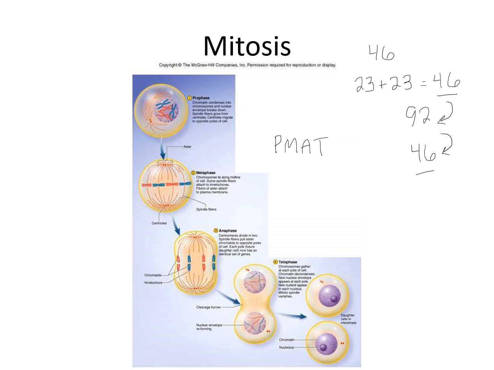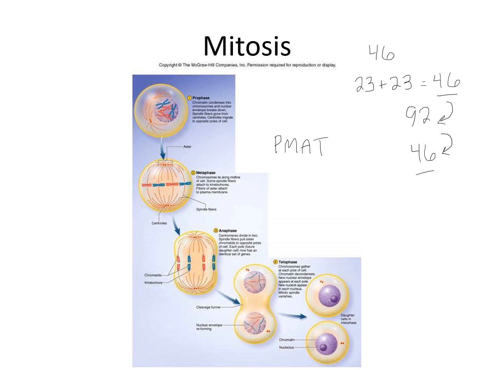The spindle fibers are going to pull those chromosomes apart to opposite poles of the cell. And then each pole, which are the future daughter cells, will have an identical set of genes, because all we've done is separate the identical chromosomes from one another. So we're setting up to have two genetically identical daughter cells.